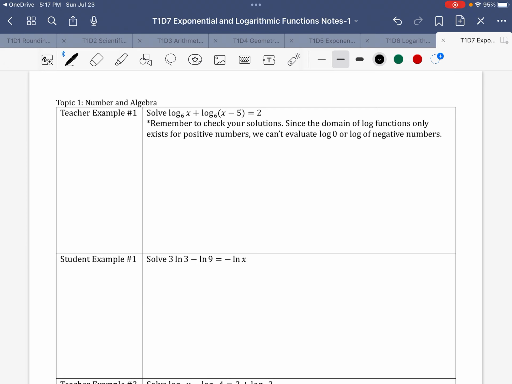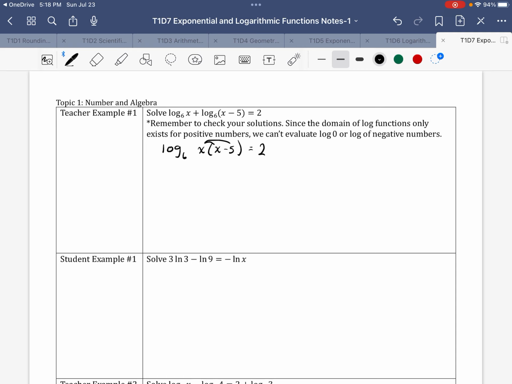Since these are being added together, I want to use my product rule to condense them. So I'm going to rewrite log base 6 of x times (x minus 5) equals 2. Now that I just have my log, I can do two things. Number 1, I can distribute my x to the (x minus 5), and or I can convert it into exponential form.